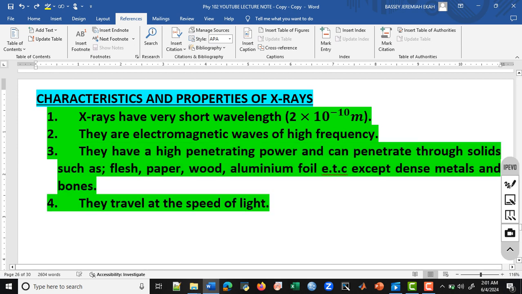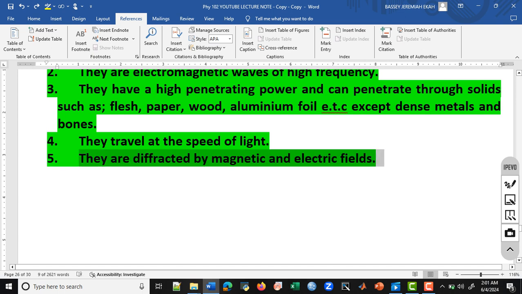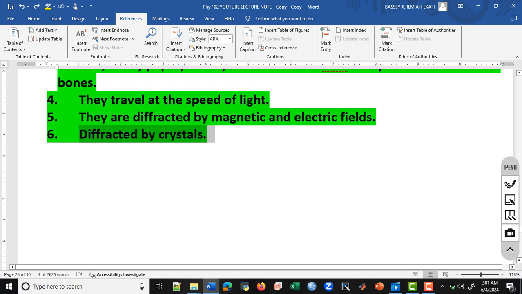They travel at the speed of light. So all members of the electromagnetic spectrum travel at the speed of light. They tend to be diffracted by magnetic and electric field. They could be diffracted by crystals.